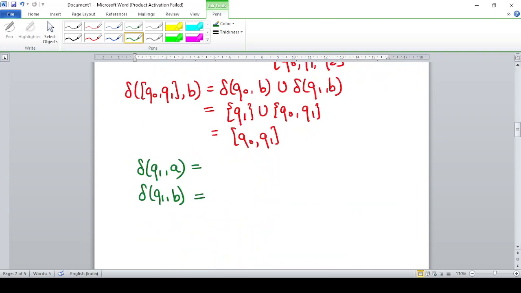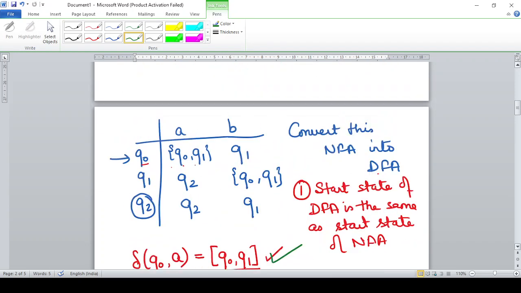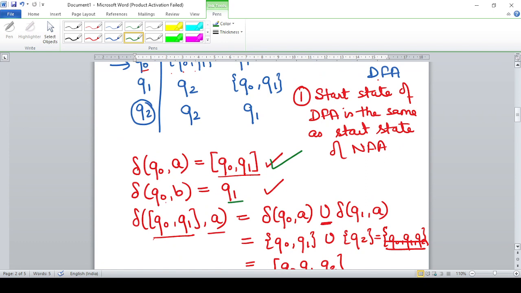So I write over here q2, which is a single state, and here q0 q1, right? q1 B is q0 q1. So now you have defined q1 for both the inputs.